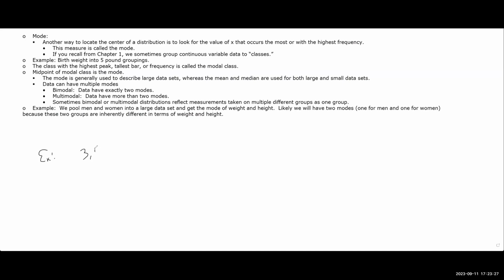So we have a 3-year-old, a 4-year-old, 5-year-old, 5-year-old, 7-year-old, 5-year-old, 80-year-old, 77-year-old, and 105-year-old. The mode would say, well, what's the value that happens the most? And we see here, we have 1, 2, 3 5-year-olds. So the mode will equal 5. Okay. And then you can look at the example for birth rates.